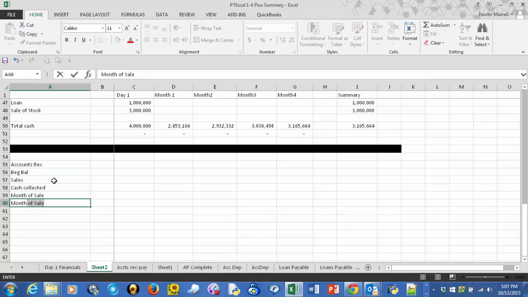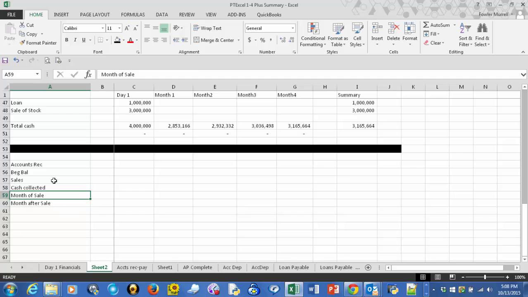So we're assuming that it would take us 2 months to collect our receivables. So this is cash collected in the month of sale, month after sale. Now, how is this going to happen?